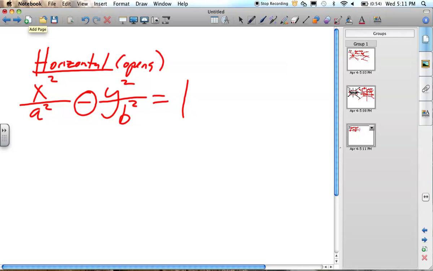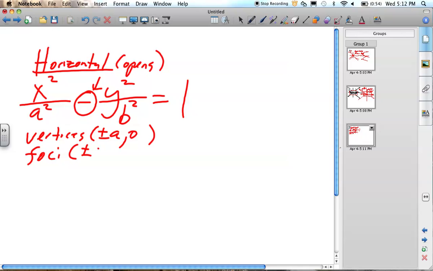So really, the main difference when you look at the equations is this minus sign. This opens up horizontally, our vertices are plus or minus a, 0. Foci, plus or minus c, 0. And again, because this is a negative, unlike in the ellipse where c squared is a squared minus b squared, in a hyperbola, c squared equals a squared plus b squared.